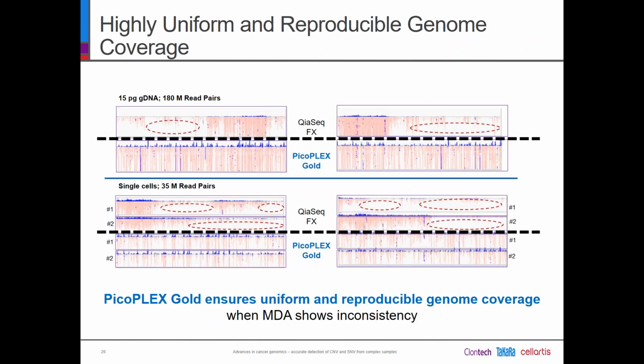Now I will show you some very important data on the new PicoPLEX Gold single cell product that we very recently launched. As we just saw, PicoPLEX chemistry is really potent for CNV detection, and this has to relate somehow to the highly uniform and reproducible genome coverage achieved by PicoPLEX.